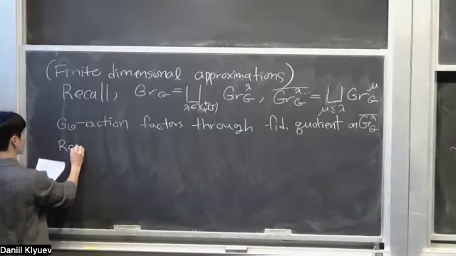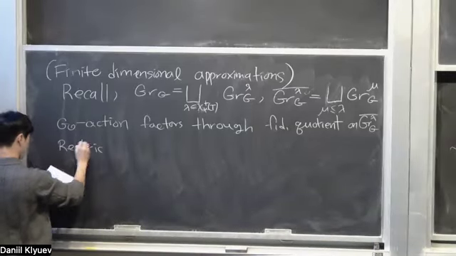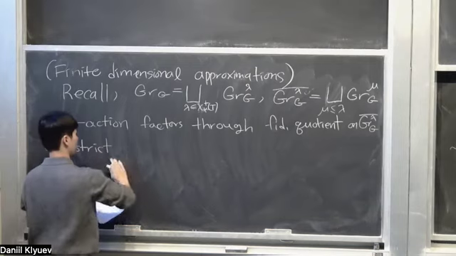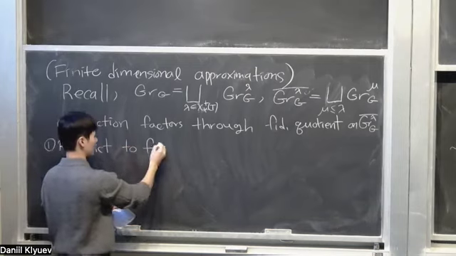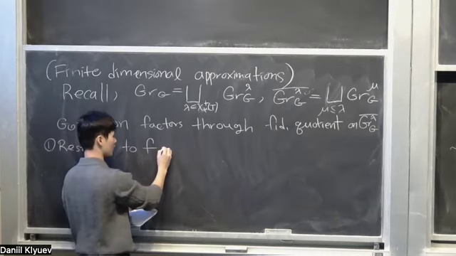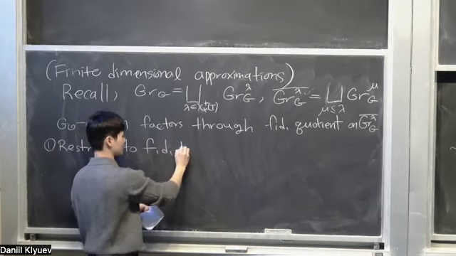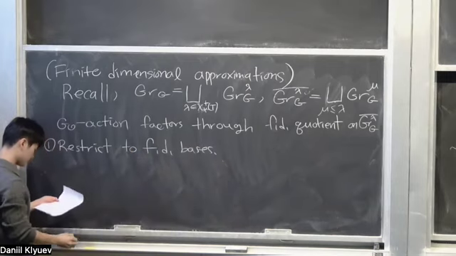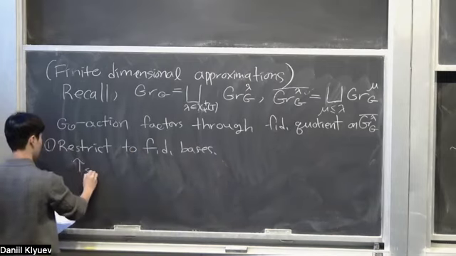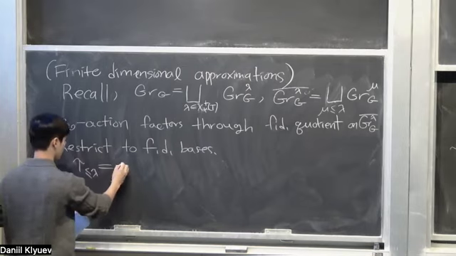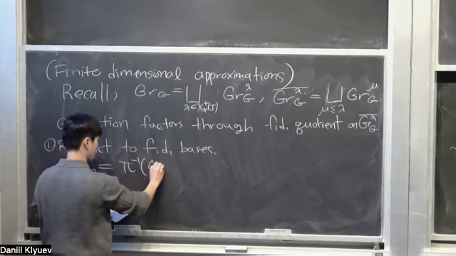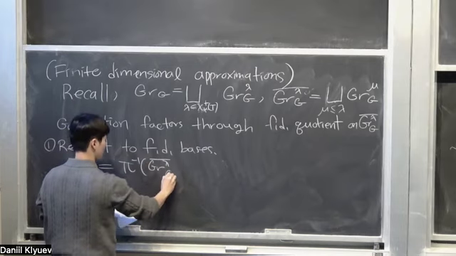So our strategy, the first part, will be to restrict our vector bundles to finite dimensional bases given by these Schubert varieties. So we just write T less than lambda to be the restriction to this closed Schubert variety.